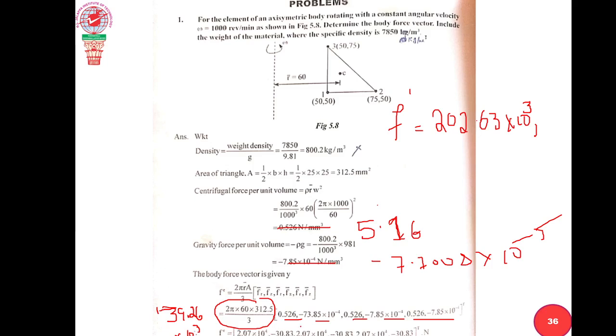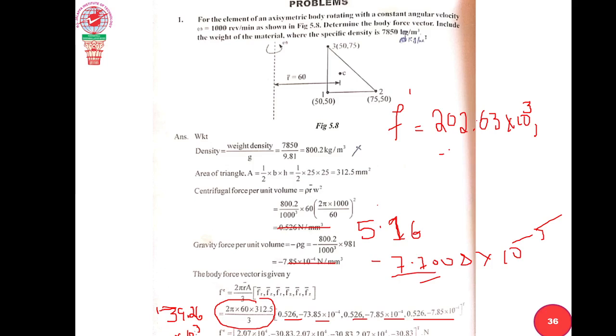Then 39.26 into 10 power 3 into minus 7.7008 into 10 power minus 5. How much? Minus 3.023.